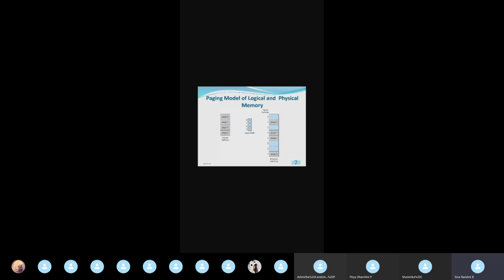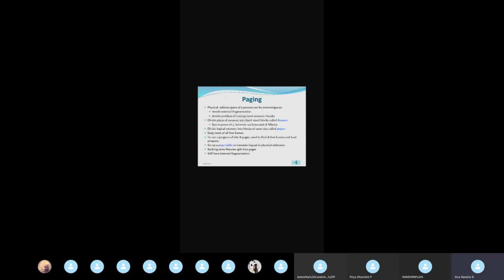But in paging, both the physical memory and the logical memory are divided into frames or pages. So we are dividing the physical memory into fixed size blocks called frames, and we are dividing the logical memory into blocks of the same size, called pages.